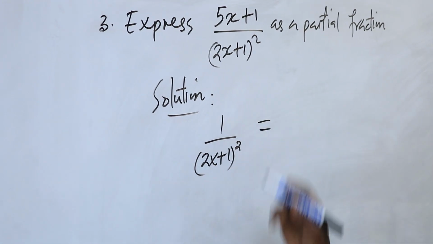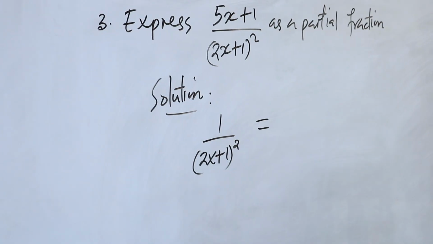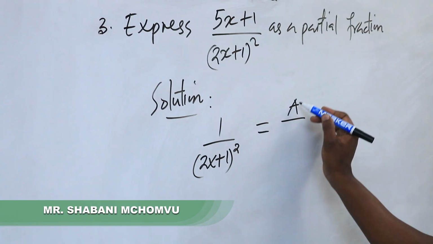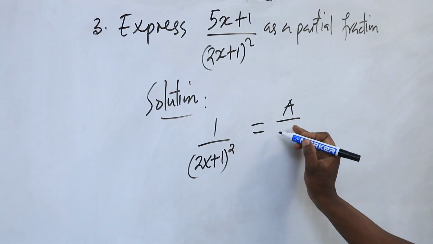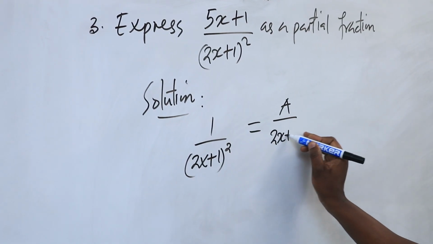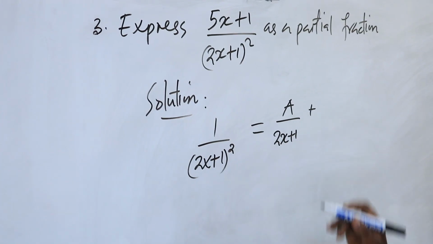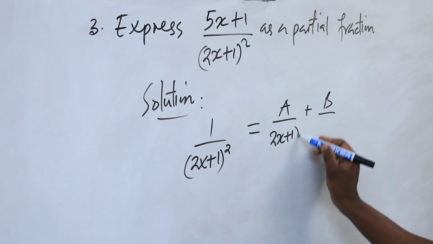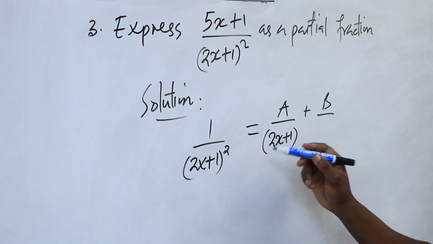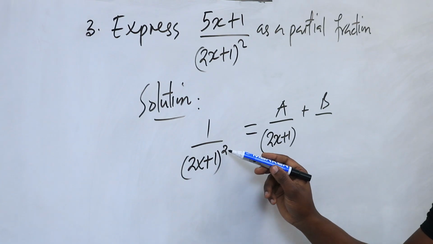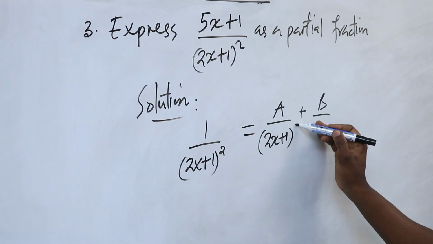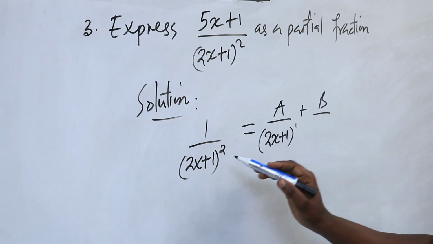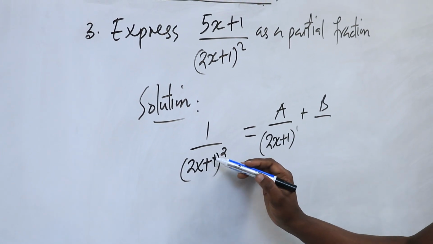Now, if the expression here is linear and is repeated, we just introduce the constant A over that linear factor. Now we plus the constant B, but here remember we go times, when the exponent is 2, it means we go from the exponent 1 until we reach that higher exponent. And remember the factor here inside is linear.